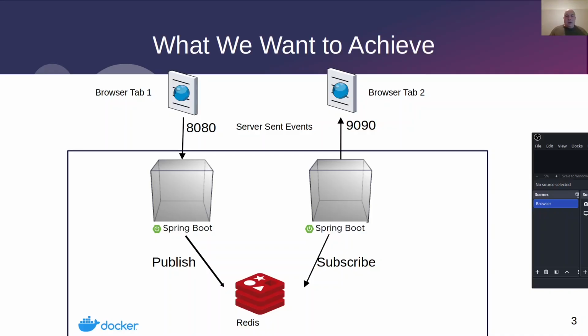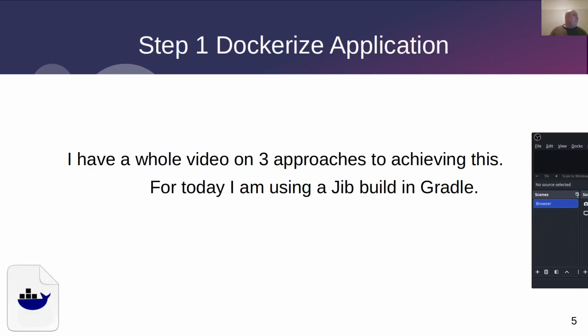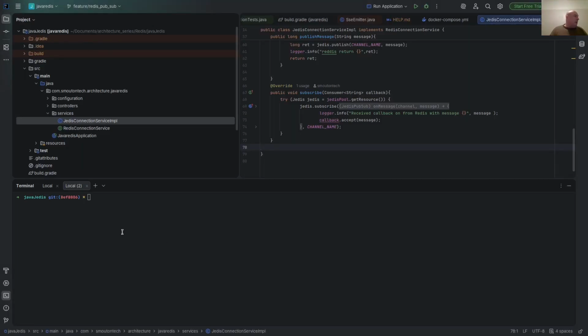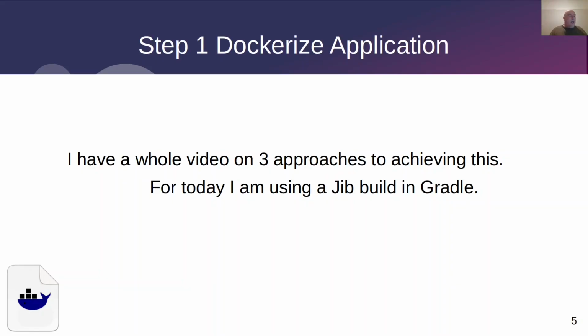Okay, so let's dive in. So the first step, other than having the application itself, was to Dockerize the application, and so I previously did a video which I'll link somewhere on three approaches to Dockerizing a Spring Boot application.